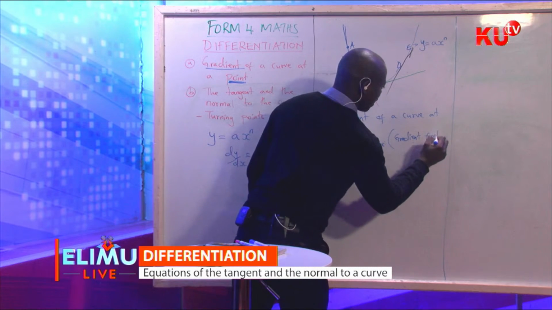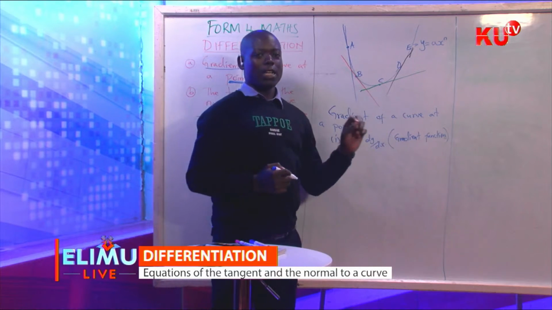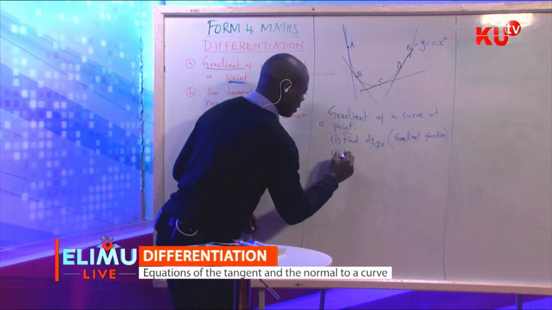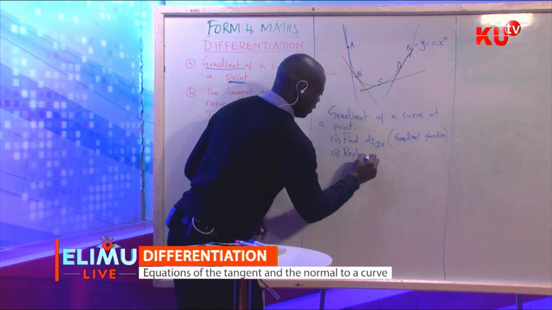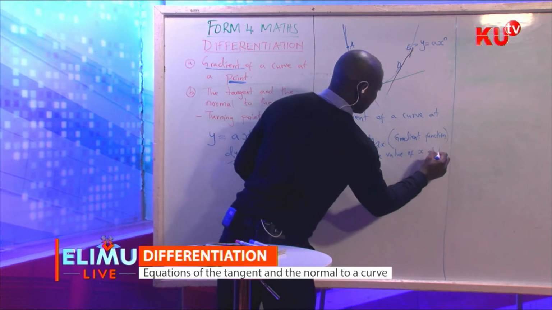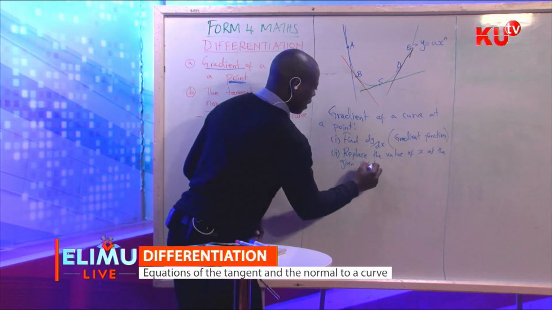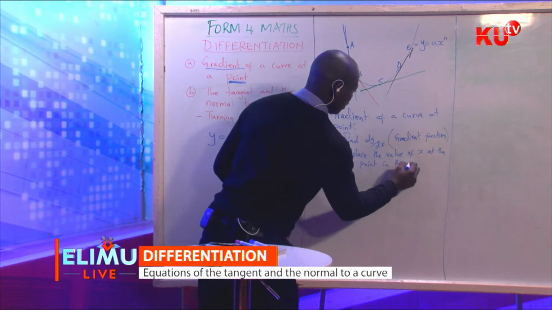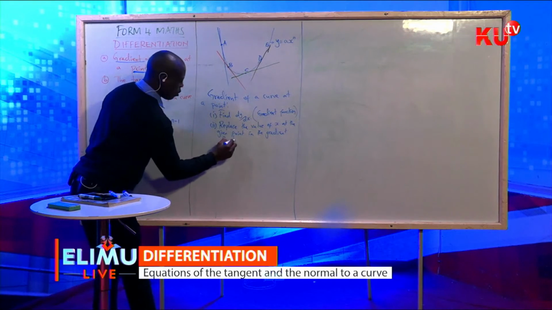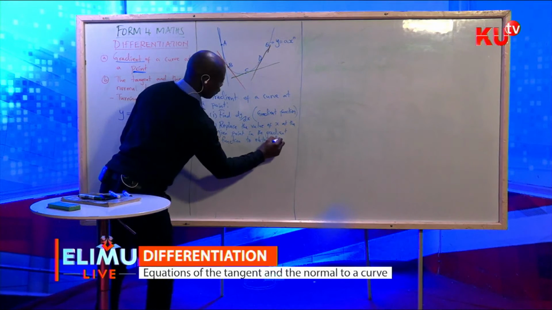You will find the gradient function is in terms of x. Then number 2, you replace the value of x at the given point in the gradient function. And when we do this, what do we do to obtain the gradient?